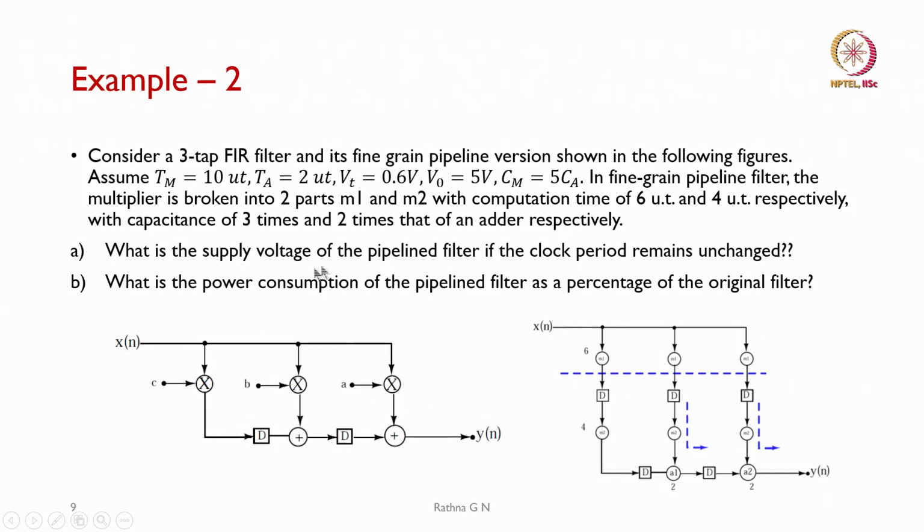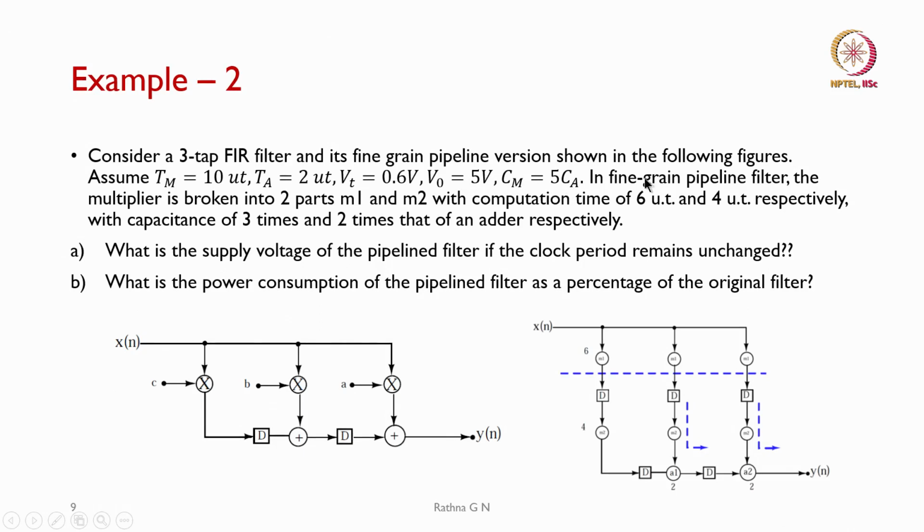The parameters given are that the multiplier takes 10 units of time and the adder takes 2 units of time. The threshold voltage is 0.6 volts, and V naught, the supply voltage, is 5 volts. The capacitance of the multiplier is 5 times that of the adder.